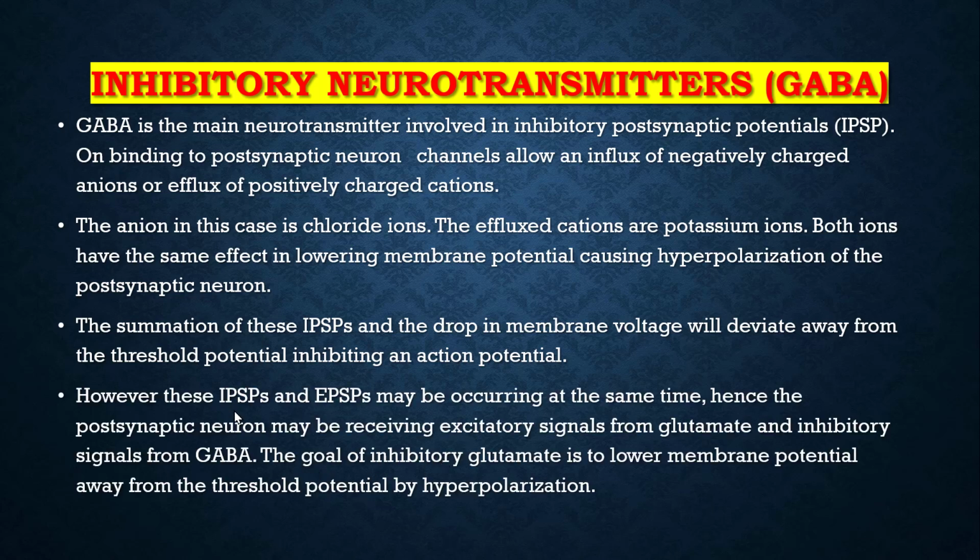However, inhibitory and excitatory postsynaptic potentials may be occurring at the same time. Hence, the postsynaptic neuron may be receiving excitatory signals from glutamate and inhibitory signals from GABA. The goal of the inhibitory neurotransmitter is to lower membrane potential away from the threshold potential by hyperpolarization.